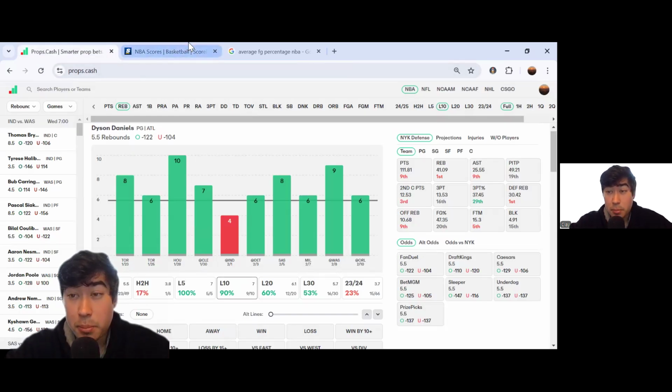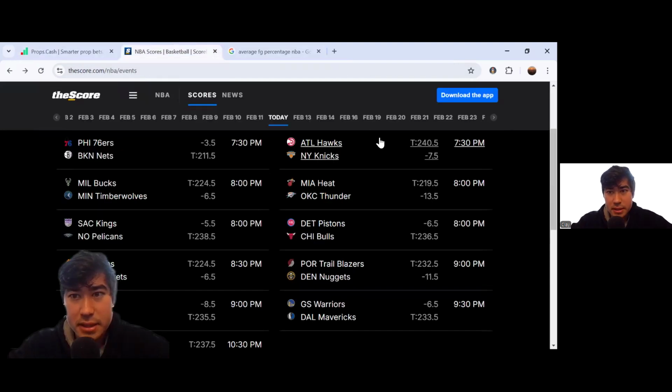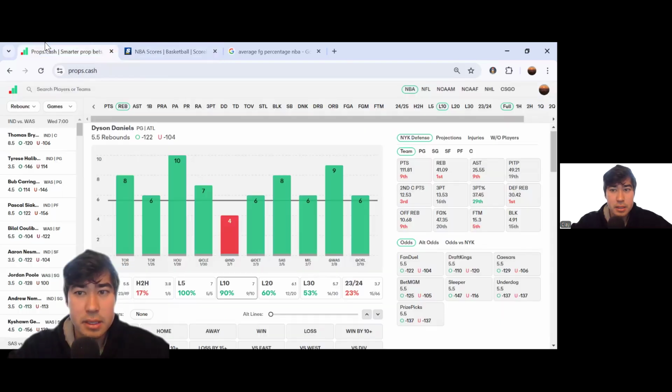But if their pace is super fast, they're gonna get more rebounds, basically. The Knicks are hard to get rebounds on because they have Cat, so it's gonna be hard to get rebounds over Cat. But their pace is still projected to be a fast paced game, so it's probably gonna go over. So we still like the over here.